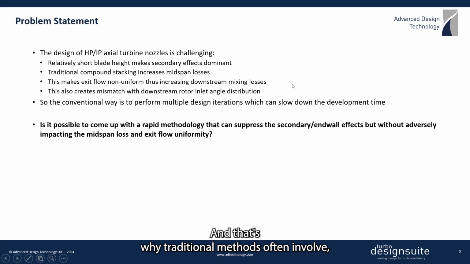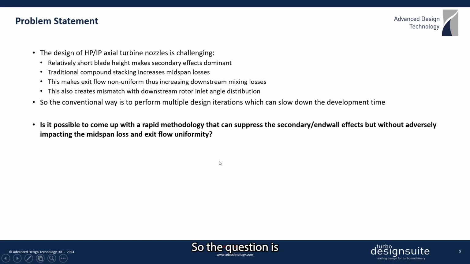That's why traditional methods often involve inefficient geometrical trial and error in trying to achieve control of the nozzle exit velocity, which of course consumes a lot of computational time and resources.